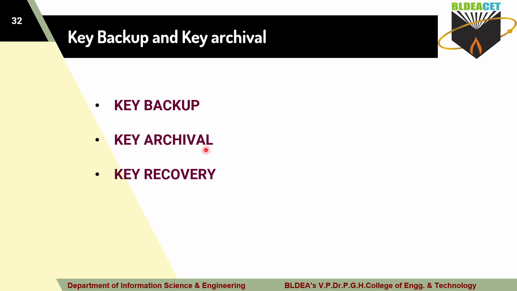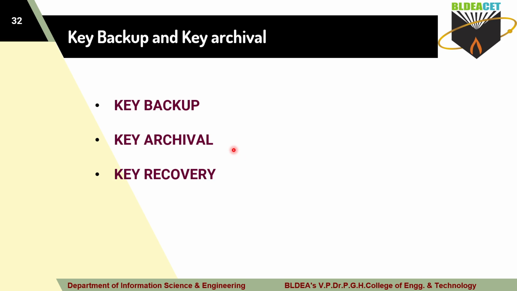Next is key archival. As you know, every key has a lifetime. Once that lifetime is expired, you have to destroy that particular key. Now, the period after the key lifetime and before destruction, you also need to store the key in that period. That is what we call key archival. Key archival means that once the life of the key has expired, and before destruction, you need to store that particular key.